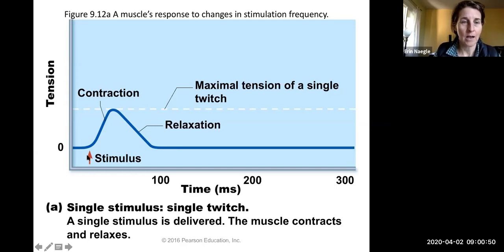So a single stimulus is going to cause a single twitch or a single contraction of a single muscle cell. And so here it's going through contraction and then this relaxation phase, right? So that's a single action potential coming from our neuromuscular junction.